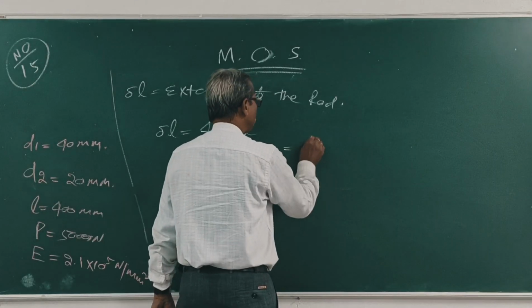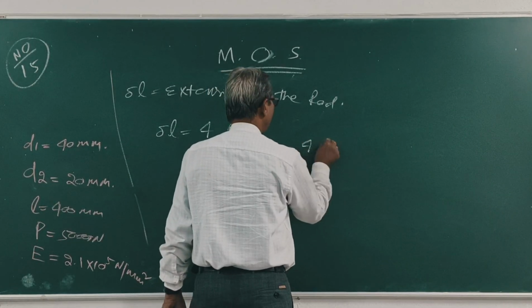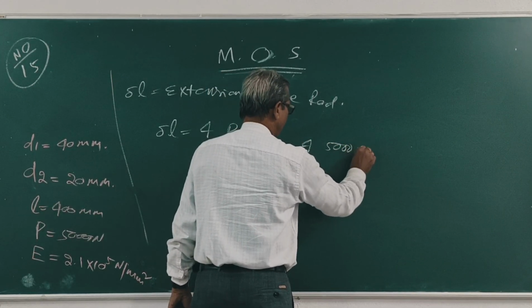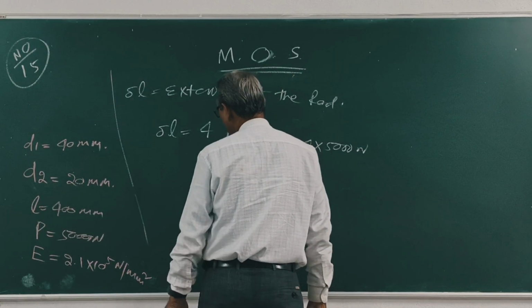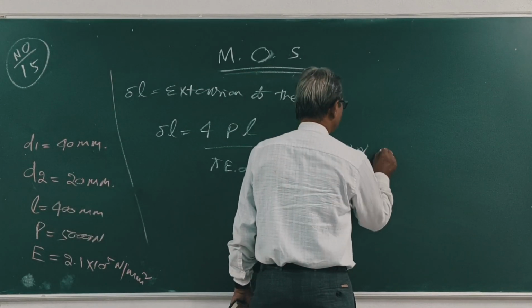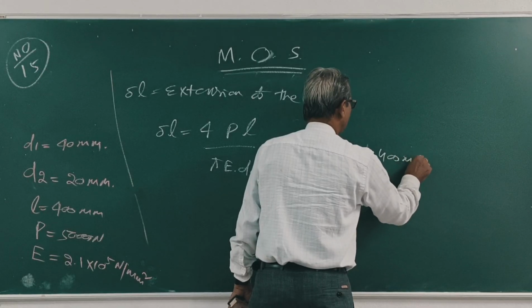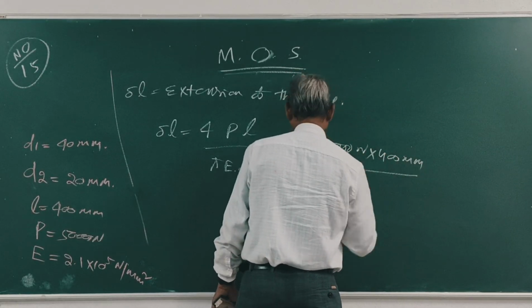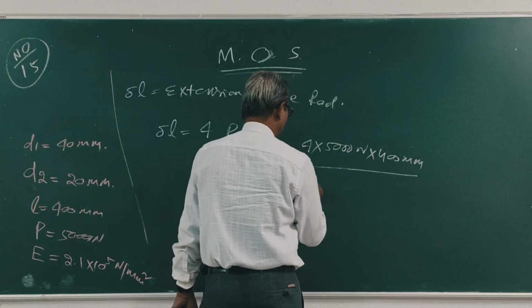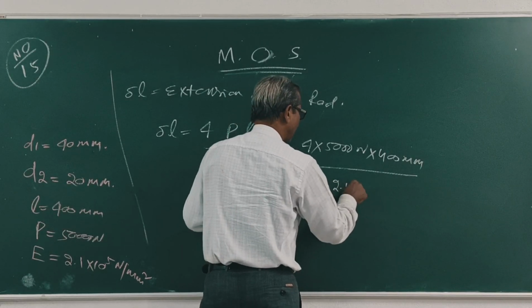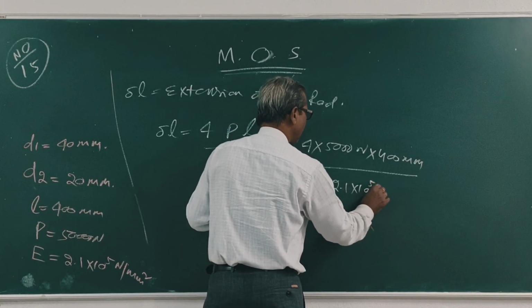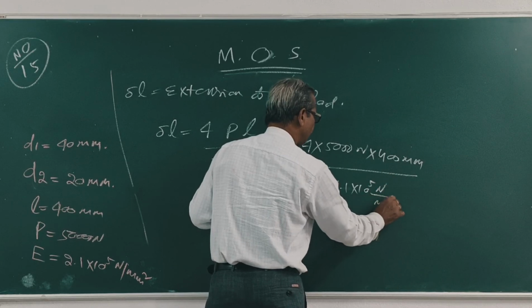Four into P, 5000 Newton, L, 400, by pi into E, 2.1 into 10 to 5 Newton per mm square.